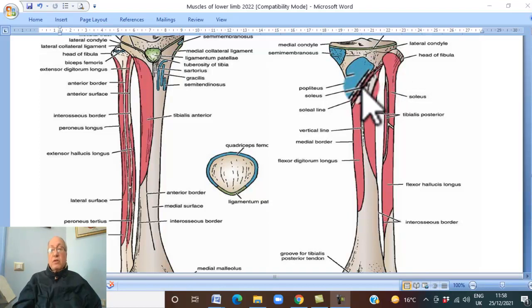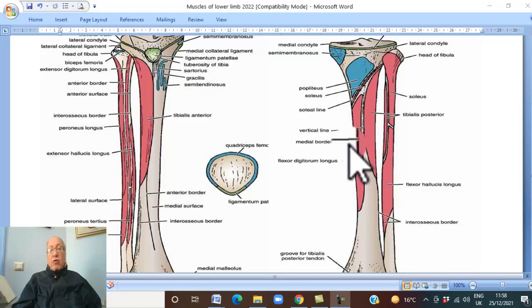It is called the soleal line because it gives the origin to the soleus muscle, and the origin extends to the middle third of the medial border of tibia.